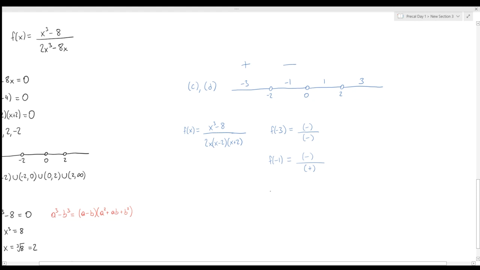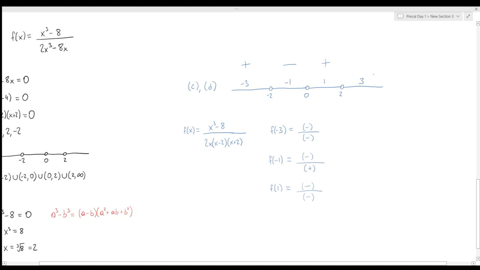Okay. If we plug in 1 for x, I guess the numerator is still negative. In the denominator when x is 1, positive, negative, positive. So altogether minus, so altogether plus.